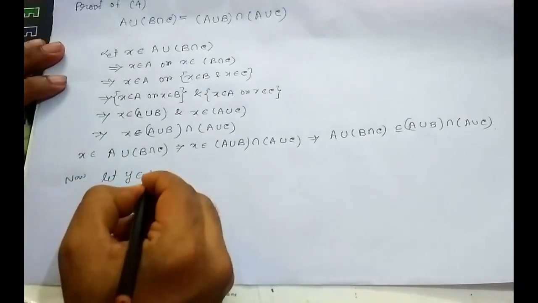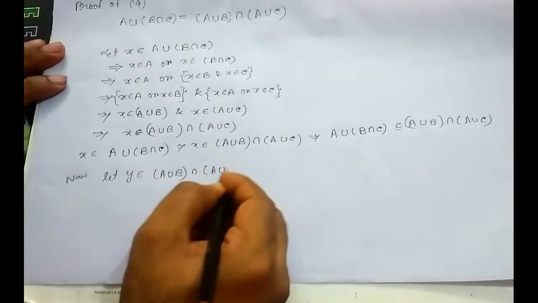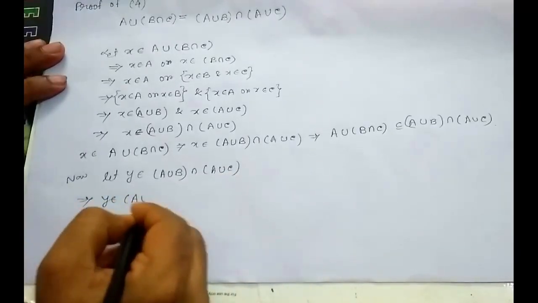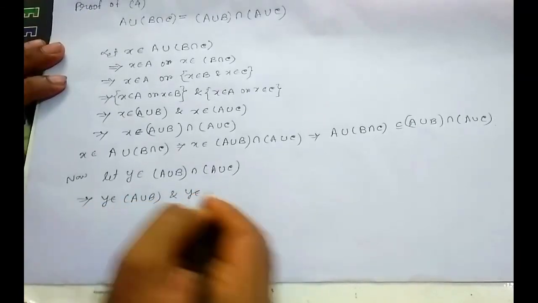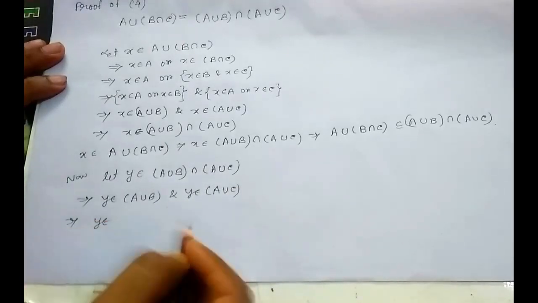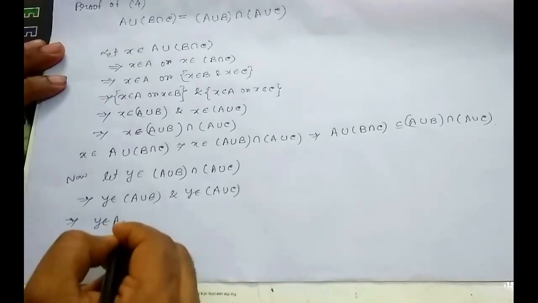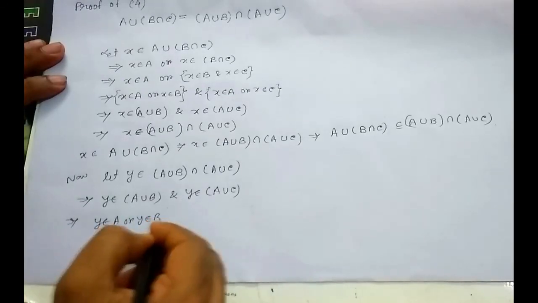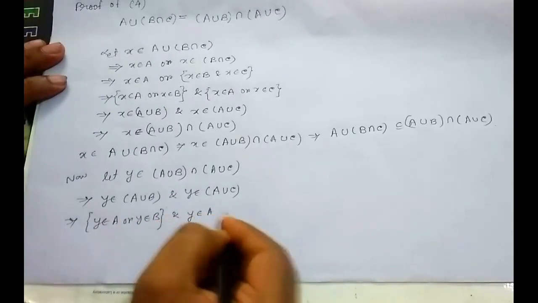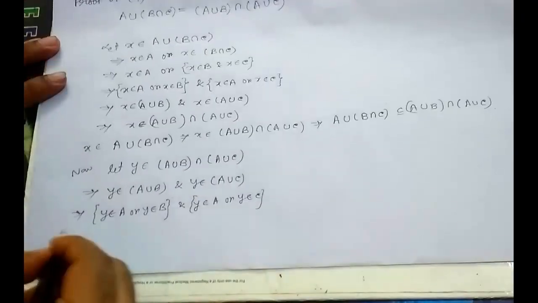Okay, let y belong to A union B intersection A union C. Now this implies that y belongs to A union B and y belongs to A union C. Now this implies, just using the definition of union, y belongs to A or y belongs to B, okay, and y belongs to A or y belongs to C. Okay, fine.